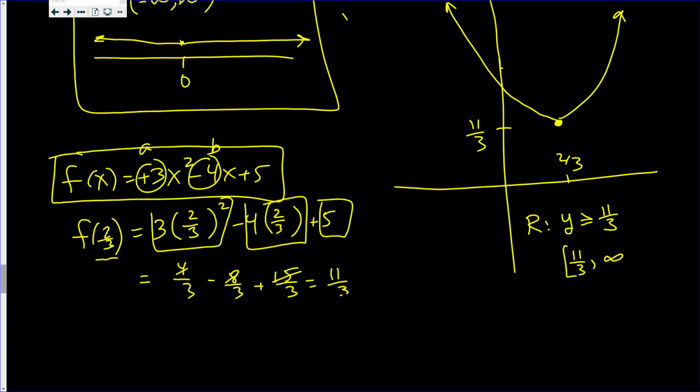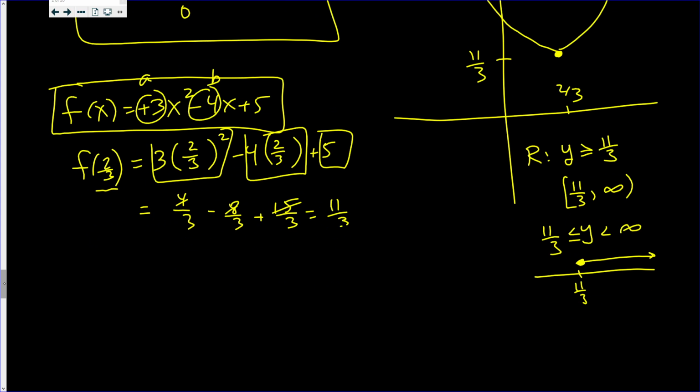It can equal 11/3. You can say that y is in between 11/3 and infinity. Don't include infinity. You can say here is 11/3. The range includes 11/3 and above. You can say that it's the set of all y such that this is true, or that.